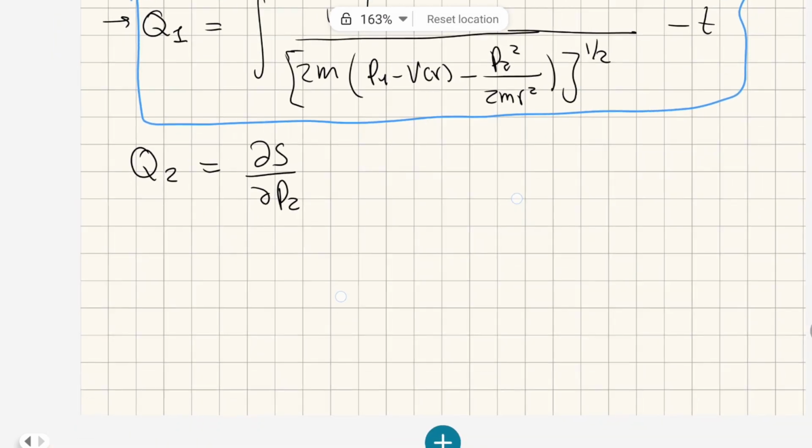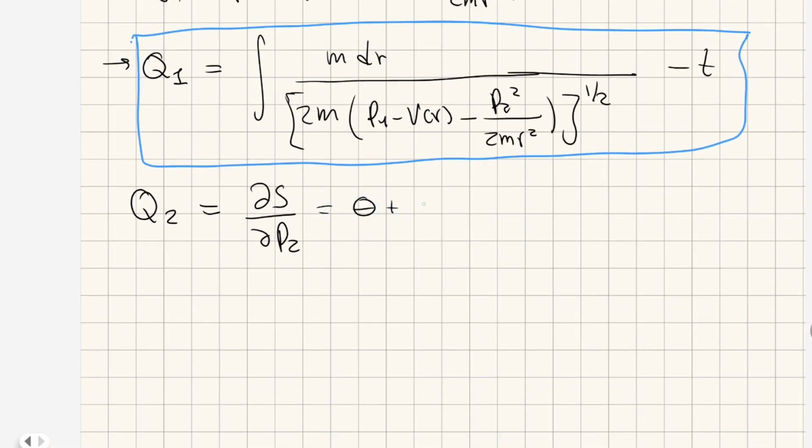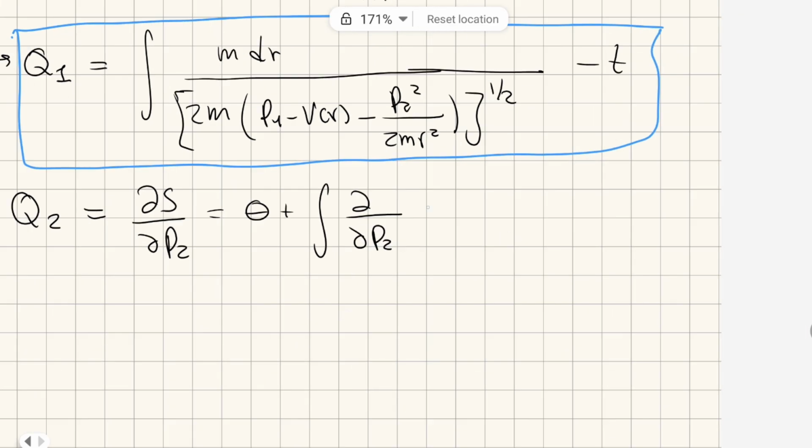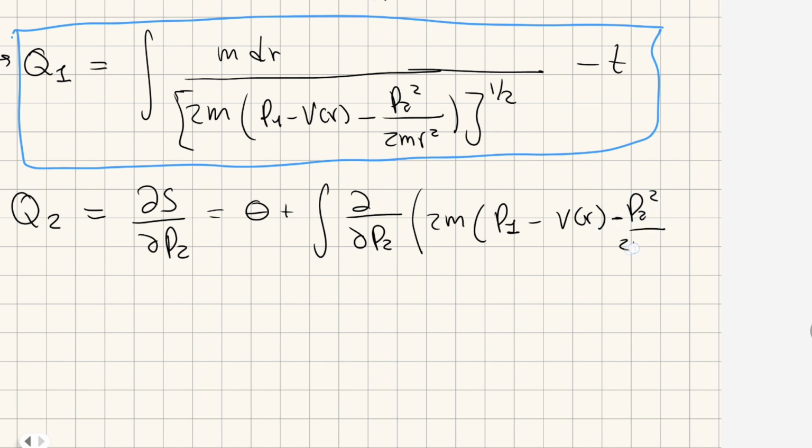So this is going to be theta plus the integral of the derivative with respect to P2 of 2m that multiplies P1 minus B of R minus P2 squared divided by 2mr squared, all these raised to the 1/2, and then dr.